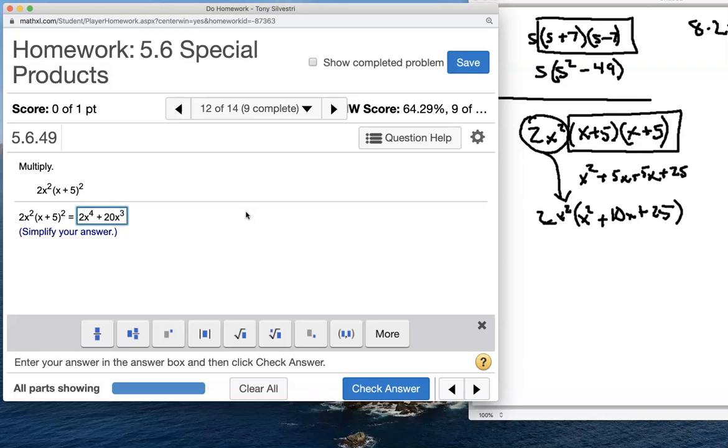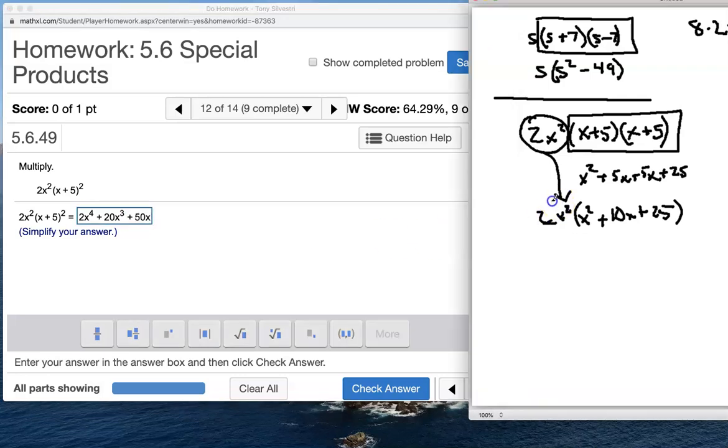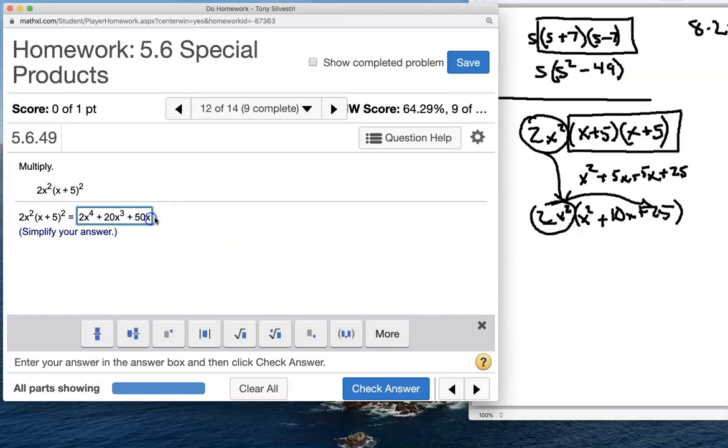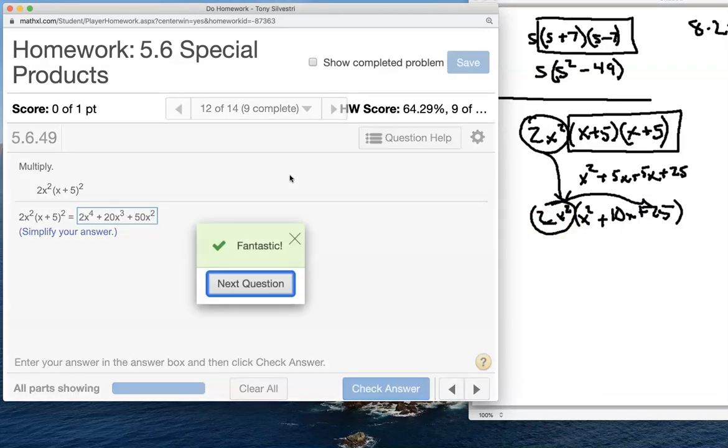And then I've got 2 times 25 is 50. X squared. Because this is multiplying this as well. So the x squared comes along. Let's put a square there. Hit enter. Nice.